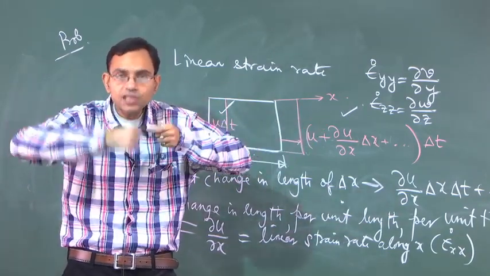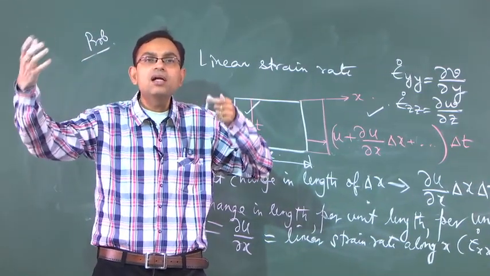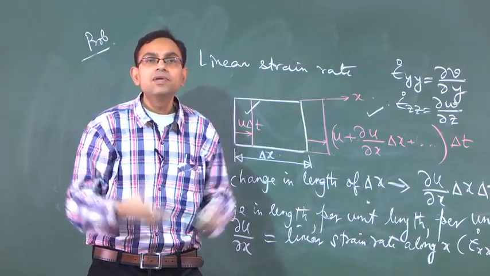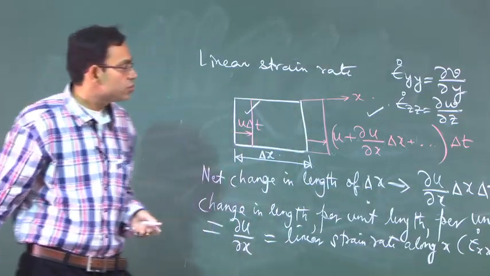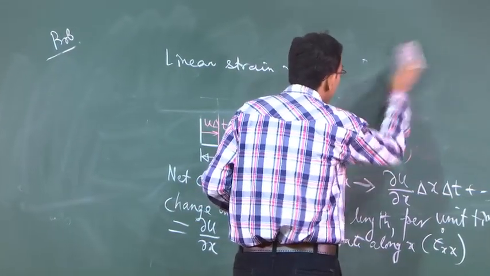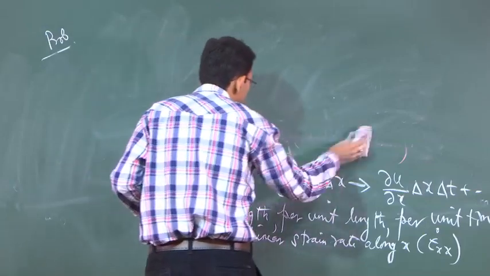So how fast or how slow it is changing either lengths or angles whatever, this is important in the physical space. So with this understanding, let us see at what rate the fluid is changing its volume.